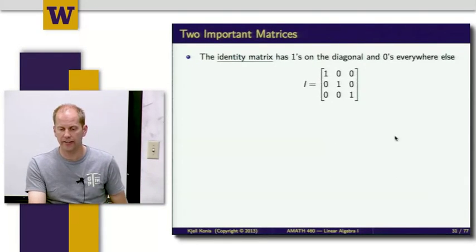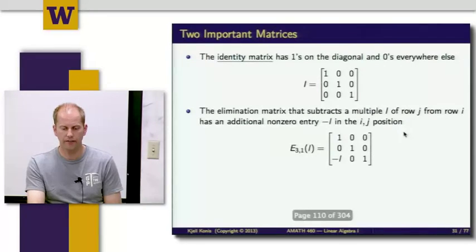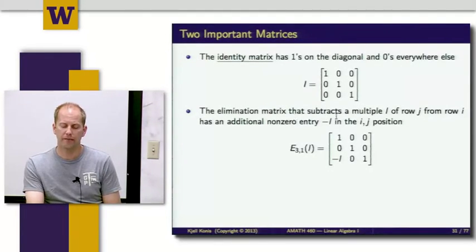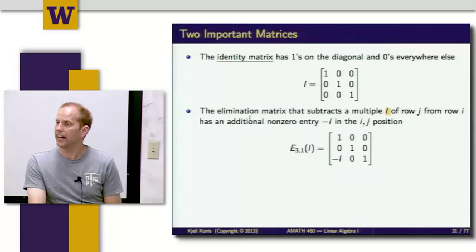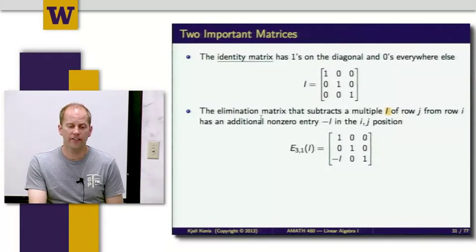So the identity matrix has 1s down the diagonal. In general, an elimination matrix that subtracts a multiple, let's call it l, of row j from row i is an identity matrix, except it has an additional non-zero entry equal to minus l, in the i, j position.